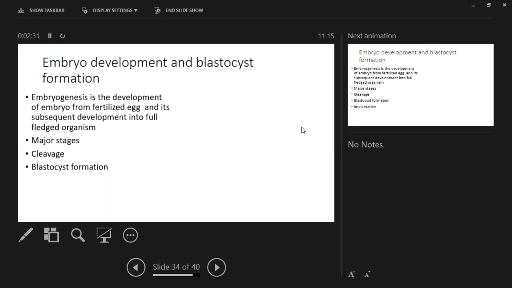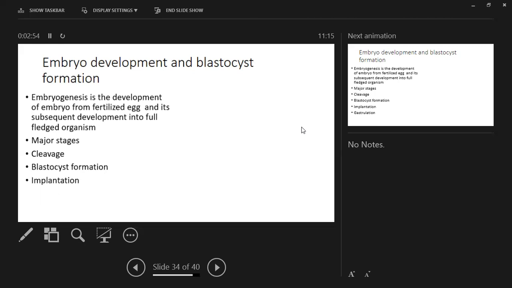Many cells of the zygote will form a structure called the blastula, which will go and get implanted. Then implantation. After the formation of the blastocyst, this will get implanted into the uterine endometrium. That is called implantation.